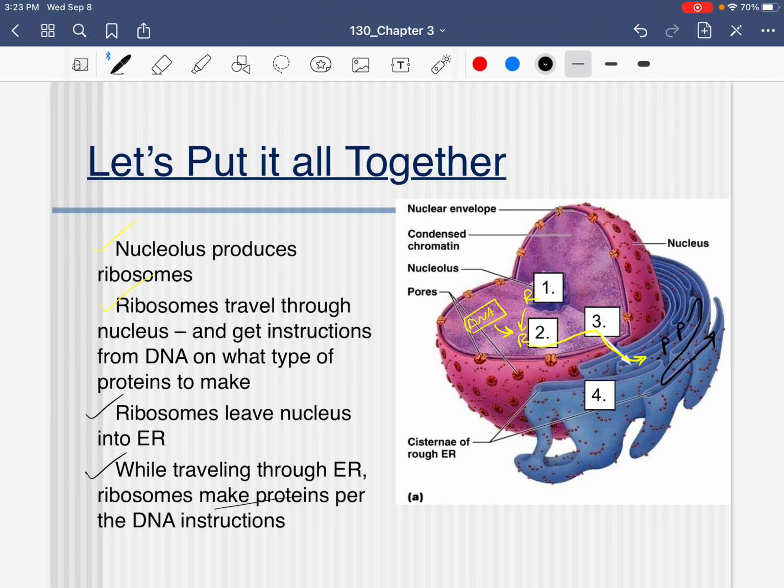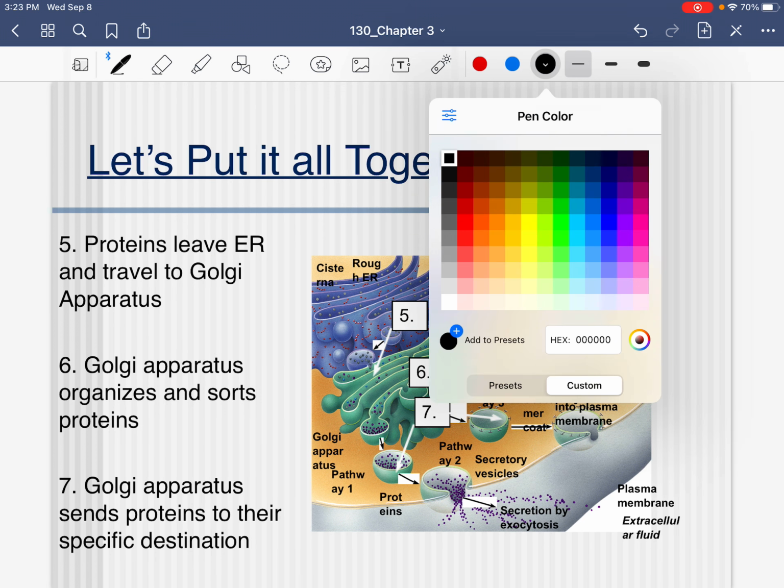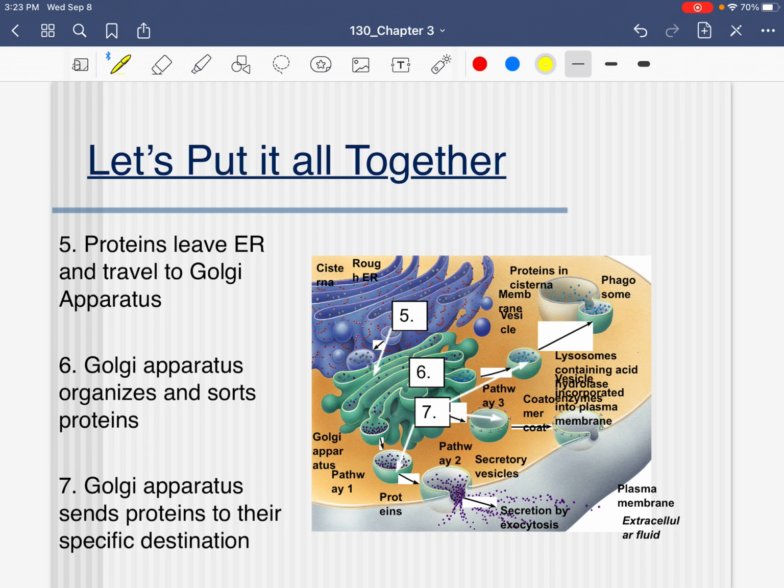Those proteins travel through the endoplasmic reticulum. Then those proteins, we know this, leave the endoplasmic reticulum and go to the Golgi apparatus.